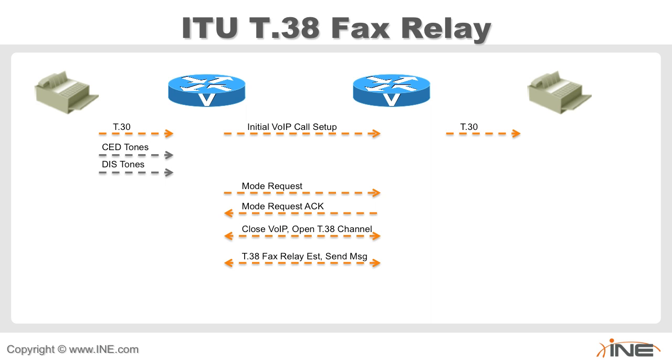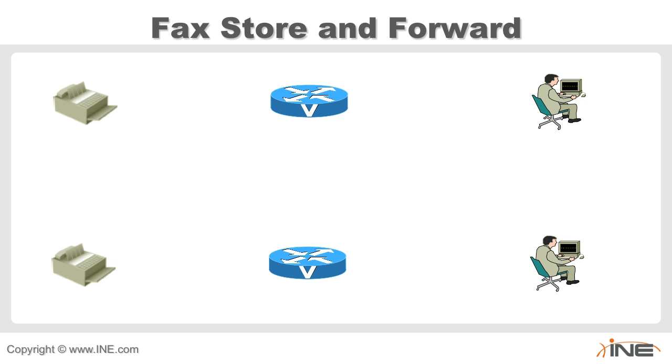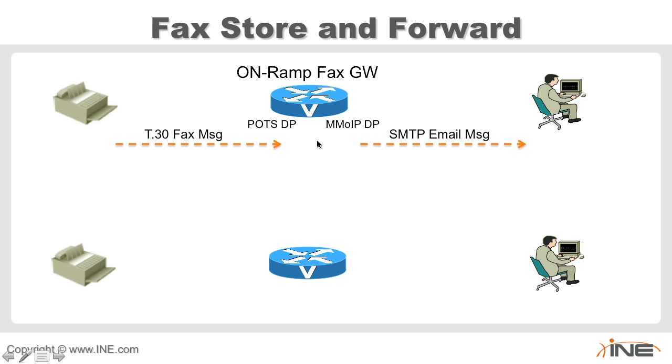Well, let's say we've got a small office, and maybe we've got CME here, and we've got CUE, Unity Express, or Unity Connection can also handle this. And we've got a fax machine, and we're going to do on-ramp, off-ramp. So first of all, a fax call comes in to a POTS dial peer, and the router triggers a TCL, tool command language, script running on the router that listens to all the T.30 tones, and instead of relaying them anywhere, turns them directly into an email.